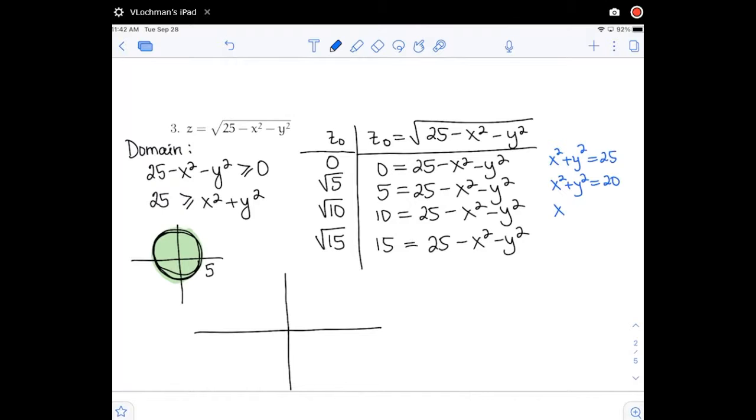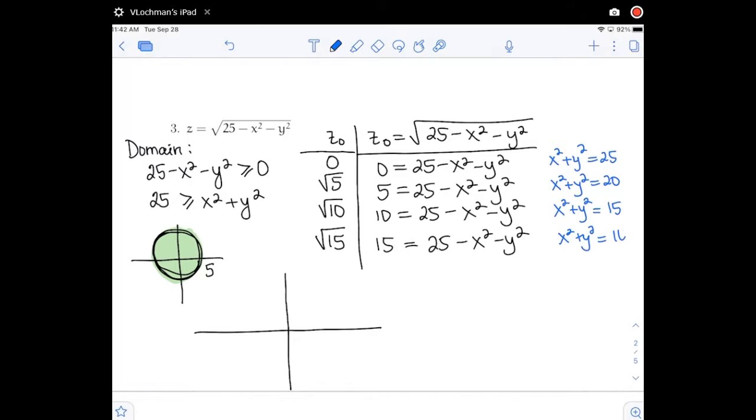Okay, and you can see how the pattern here is a little bit different than maybe what we expected. x squared plus y squared equals 15, and then x squared plus y squared equals 10. So our level curves actually become smaller in radius as we pick larger values of z.